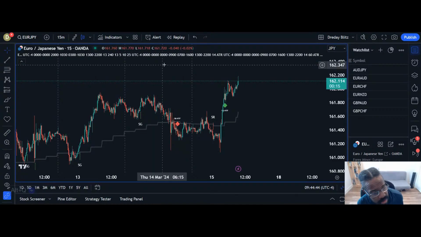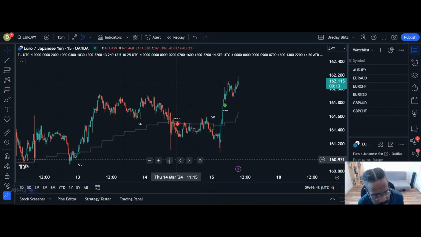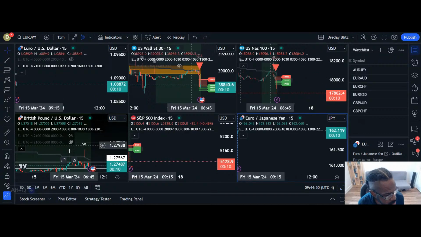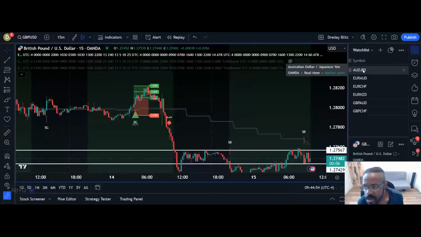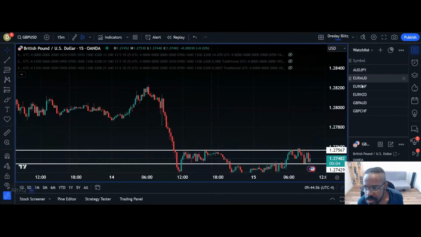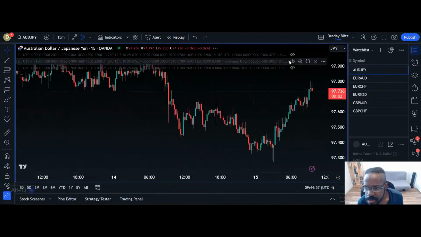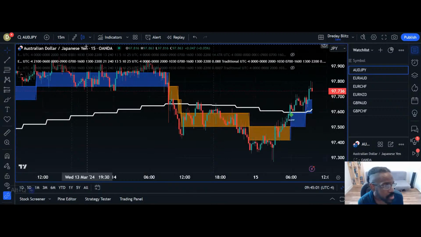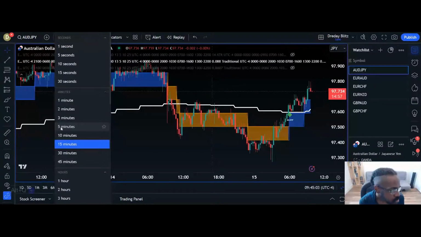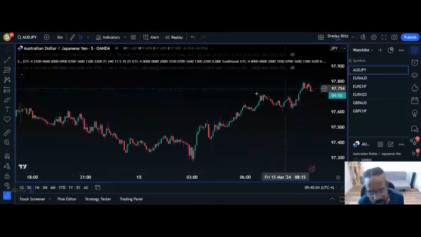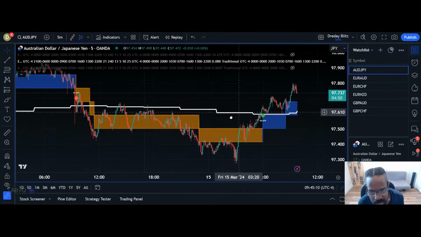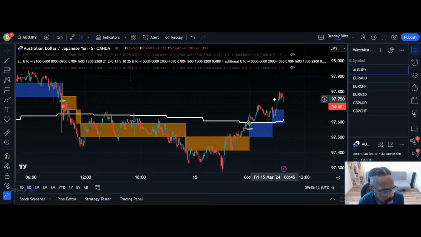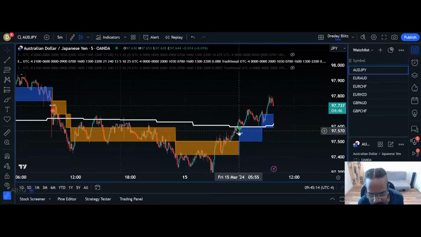I took AUD JPY. Give me 2 seconds, I was going to go back to it. Just going to close that. AUD JPY, and it was, let's see. I think it took a buy. Was it a buy?